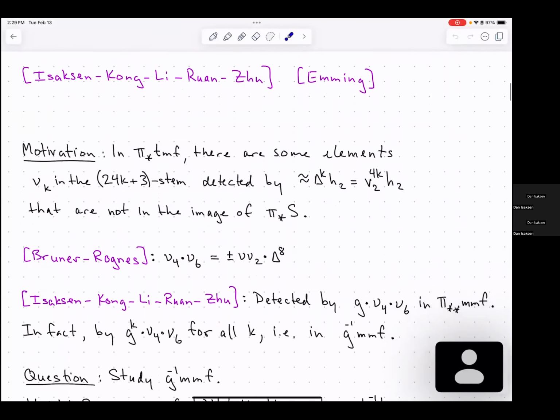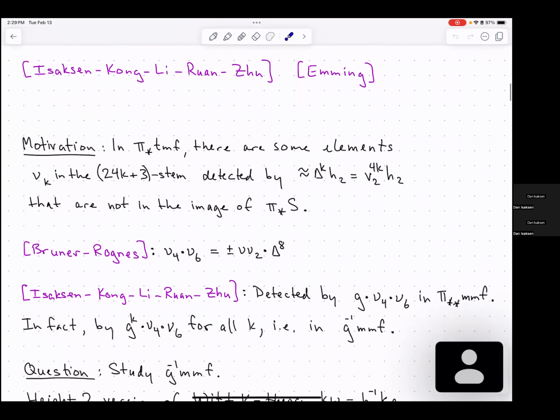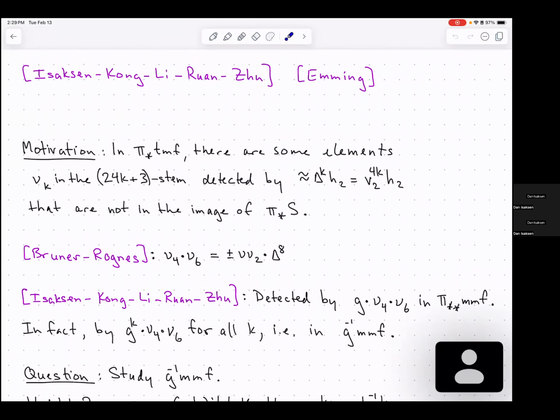Can I ask something here? Yeah. Do you know off the top of your head, I could probably just check, what the Chow degree of the last remaining guy is? So the Kervaire elements all have Chow degree 0. The problem, and we're going to talk about this a little more later, is that the Adams differentials increase the Chow degree.